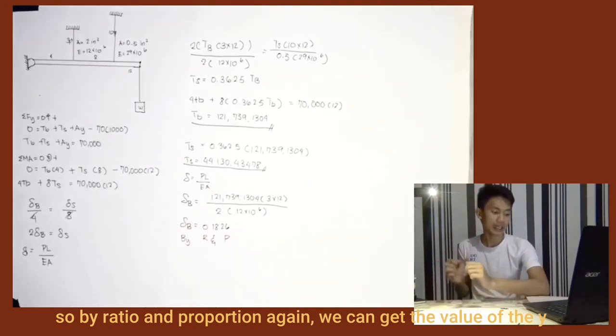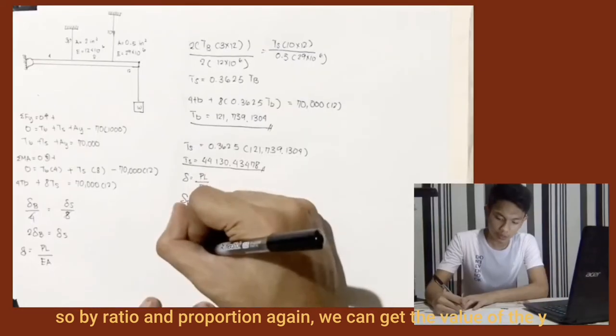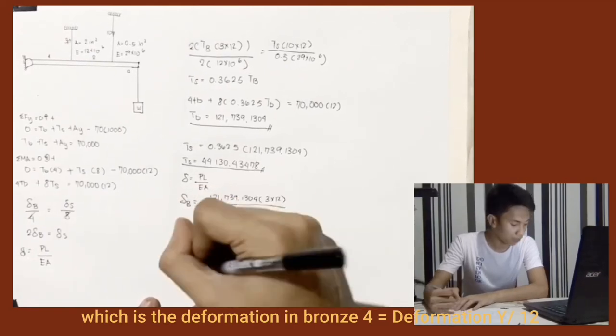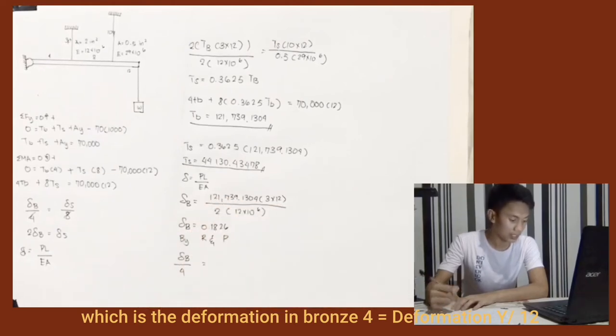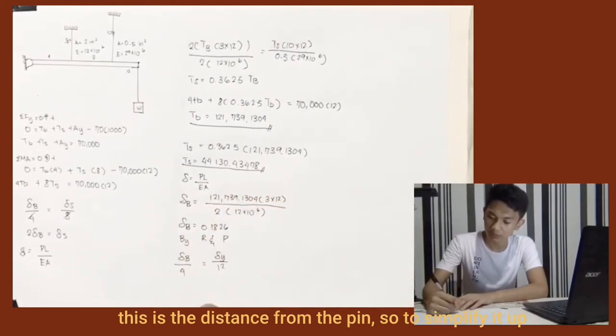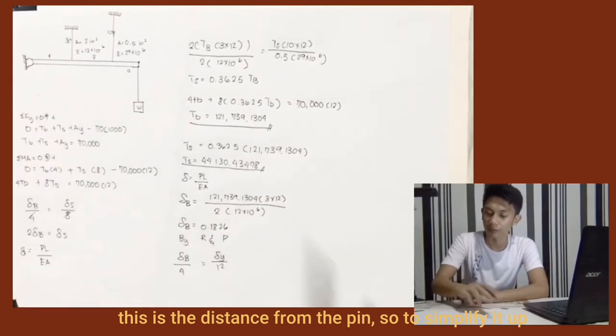So by ratio and proportion again, we can get the value of Y: the deformation in bronze over 4 equals the deformation at Y over 12. This is the distance from the pin.